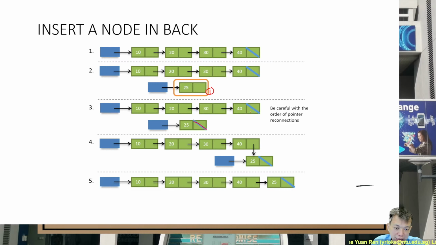In other words, I just copy whatever is here, because I want to insert the node after this one. Since its next is the null pointer, I just copy the null pointer to the link of the new node. Then I update this last node: instead of the null pointer, I point it to the new node. If you compare this, it will be exactly the same as inserting a node in the middle. So inserting nodes in the middle or at the back are exactly the same.